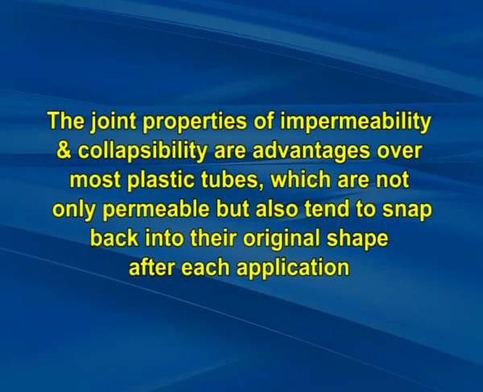The joint properties of impermeability and collapsibility are advantages over most plastic tubes, which are not only permeable but also tend to snap back into their original shape after each application.